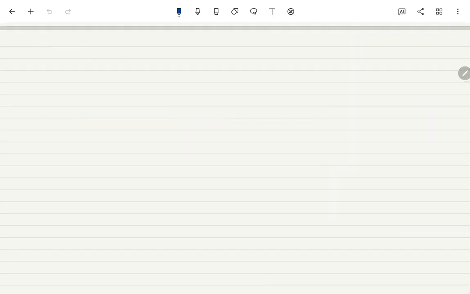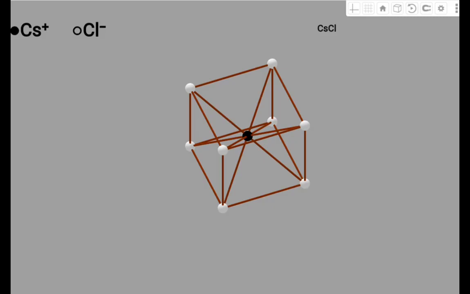Now let's have some real examples in cubic systems. The first one is cesium chloride. Cesium chloride is a type of unit cell that is commonly mistaken as a body-centered cubic, but in reality it's a simple cubic, because the one right in the middle here is different from the ones in the corners.